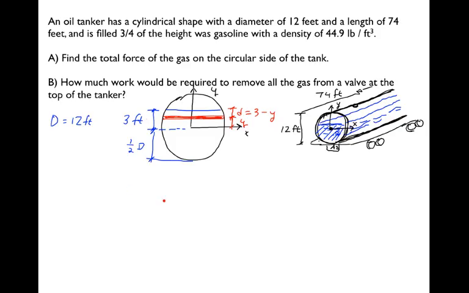So quickly here, the force on the typical strip is going to be, we already have weight density, 44.9, times the depth, that's our pressure, right? There's pressure, times area, which will be 2x times delta y, where x is the square root of 36 minus y squared.